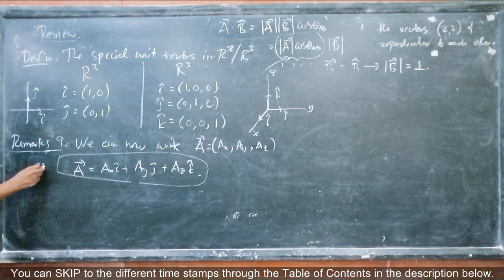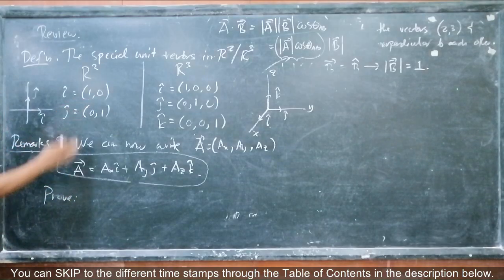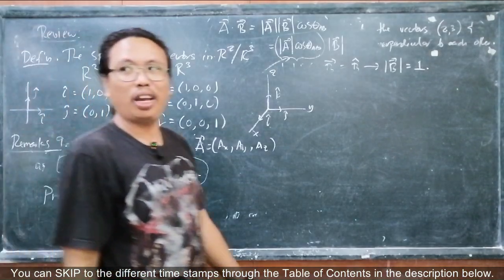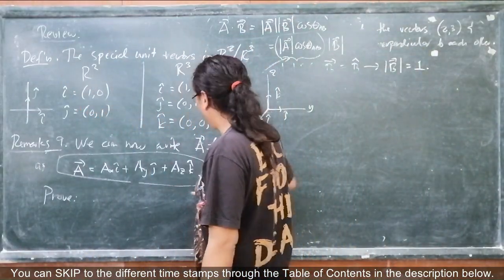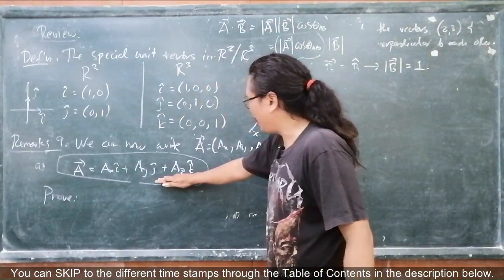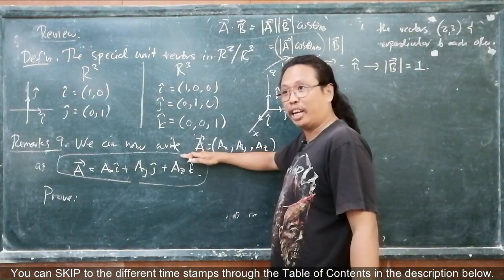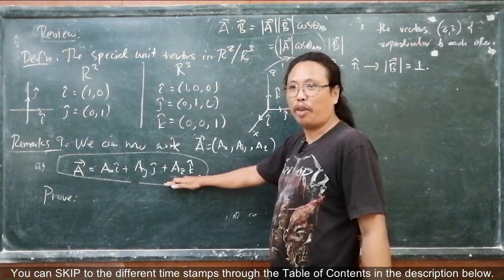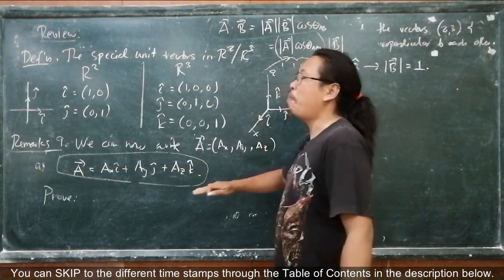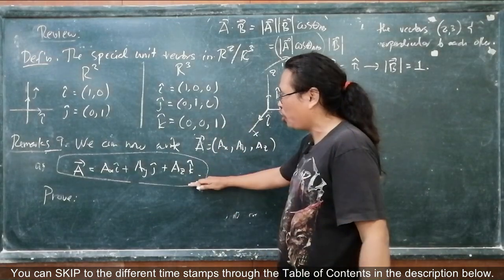But I can prove this by that definition. I'll show that this will lead to this one. This was our default definition of A. This is not the default definition of A; this is a more complicated definition of A than this.